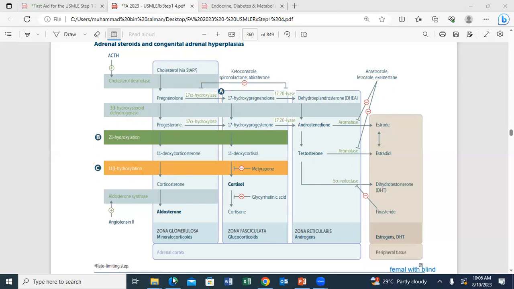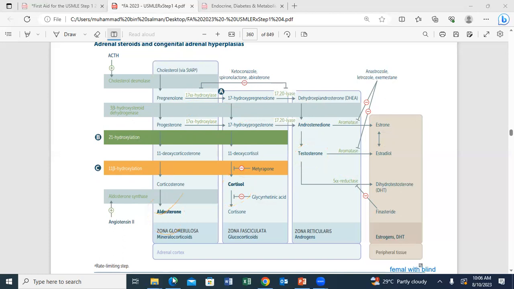If there is deficiency of 17 alpha hydroxylase, there will be decreased synthesis of cortisol, and there will be decreased synthesis of testosterone, since 17 alpha hydroxylase is required for formation of both of these hormones. So in such a condition, you will have a patient with decreased testosterone, decreased cortisol, and increased aldosterone.